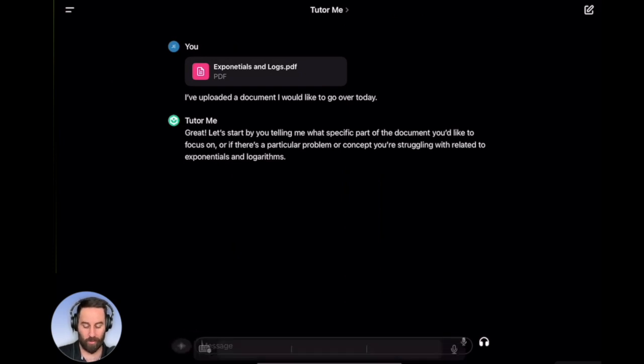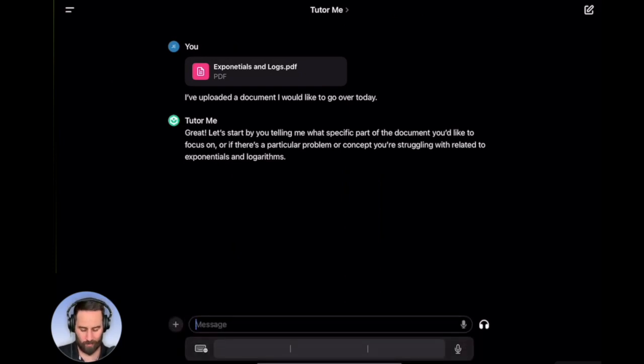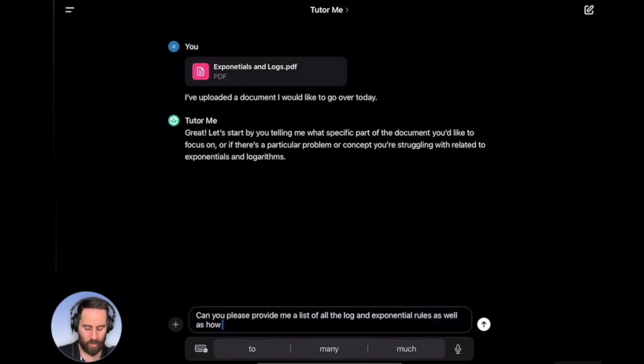This is what ChatGPT does. It's awesome. So can you please provide me a list of all the log and exponential rules as well as how they are related to each other?